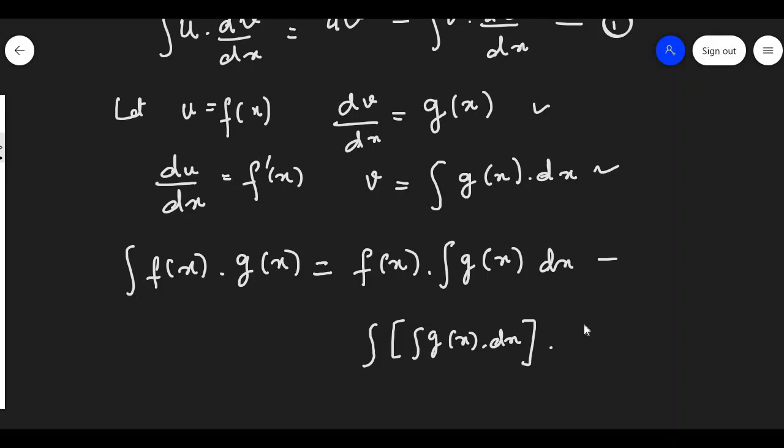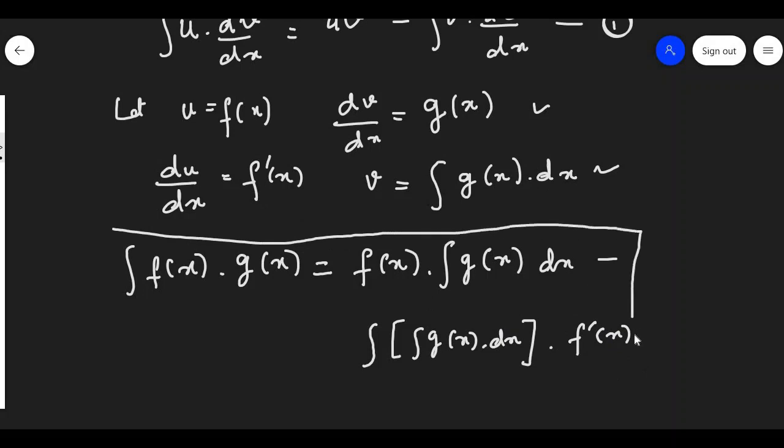So, du by dx is f dash of x. So, this is the formula for calculating integration of two functions which are in product form.